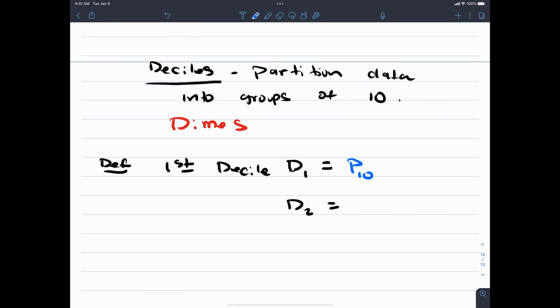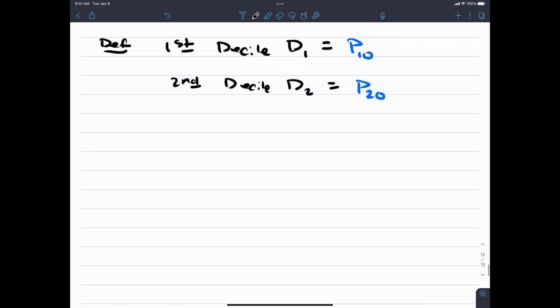So the definition is P10, ladies and gentlemen. It's the number of pennies in a dime, okay? How many pennies are in 2 dimes? 20. What do you think we call this? The second what? Decile.